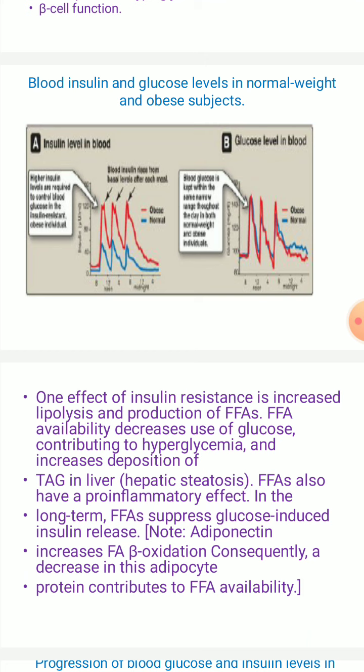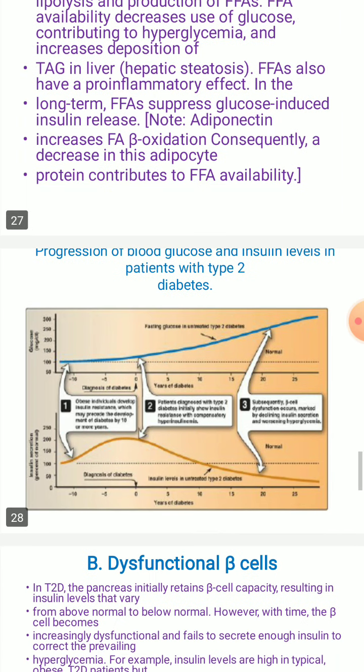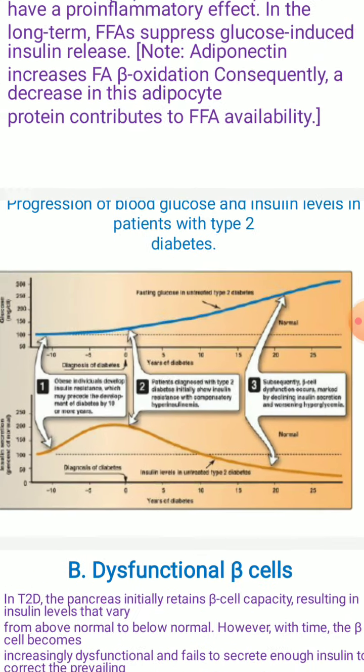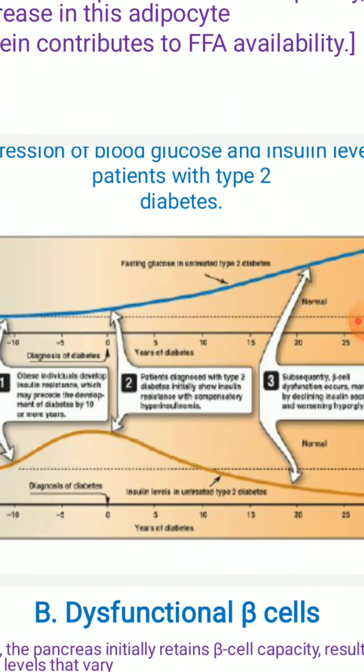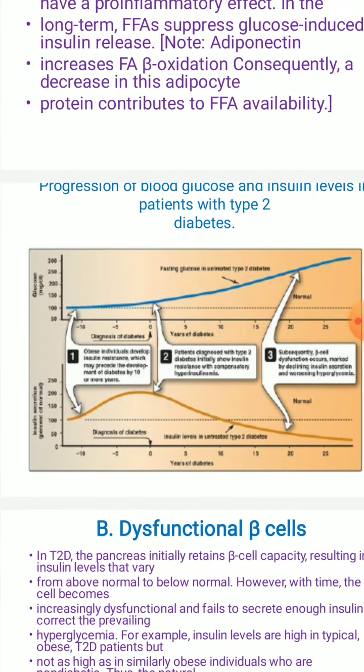So both things we can observe in the long term, where the free fatty acids suppress the glucose-induced insulin release. You can make out in this particular progression of the blood glucose and insulin levels in patients with type 2 diabetes. You can see here, it is very clear. You can understand very easily with respect to this graph, right?